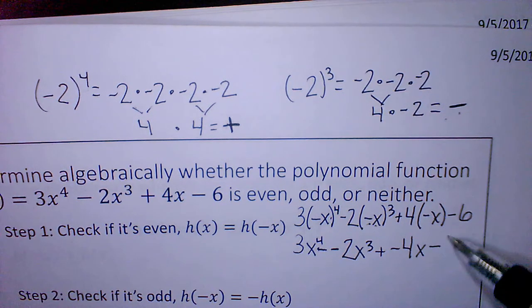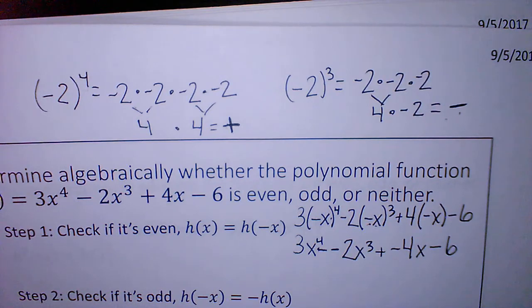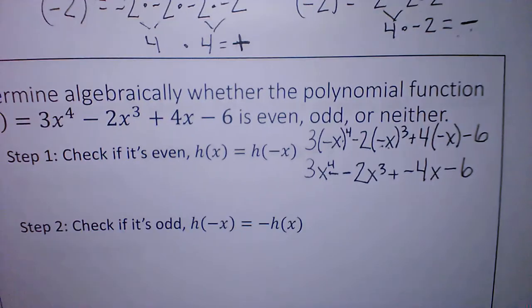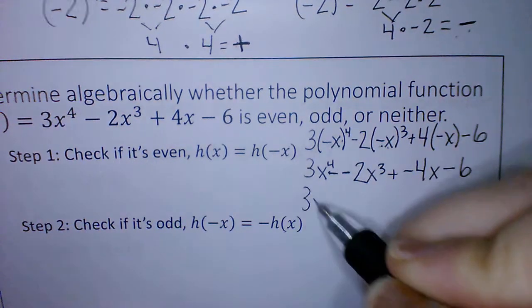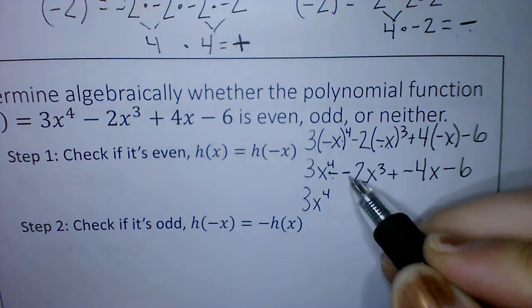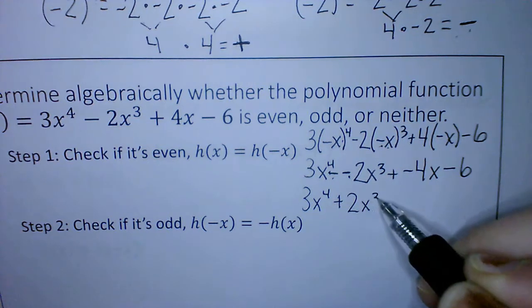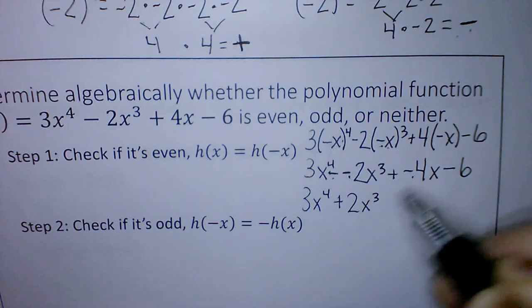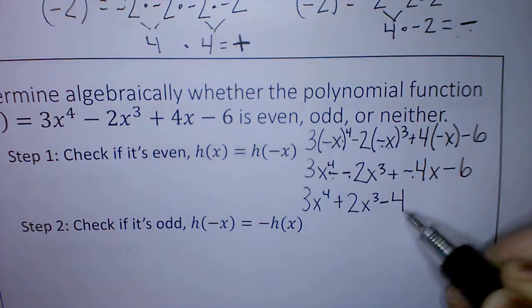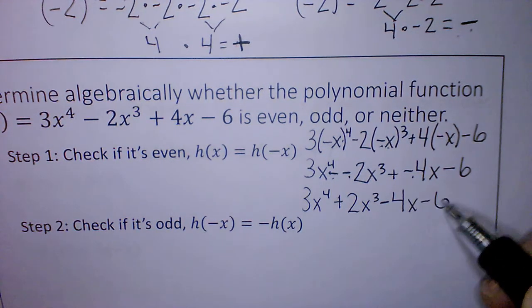And then minus 6. I do have some signs to simplify a little bit. 3x to the 4th, and then I've got minus a negative, which is a positive. I have plus a negative, which is minus, and then minus 6.